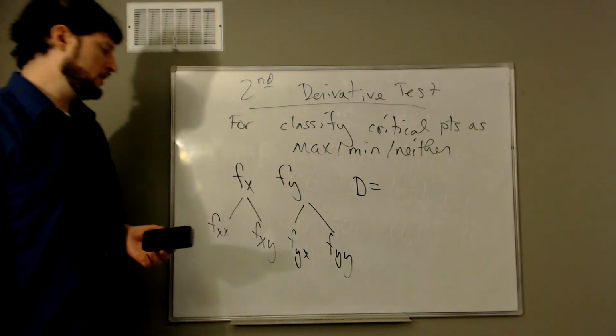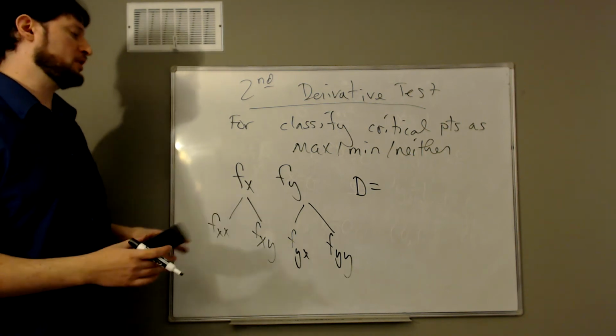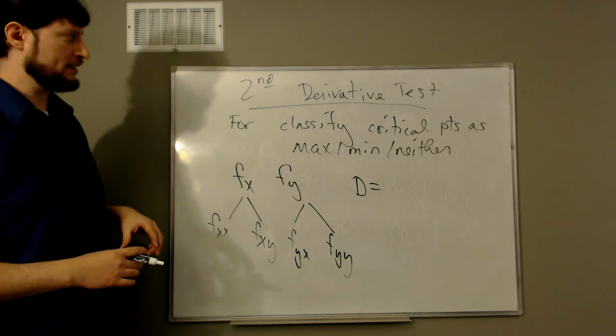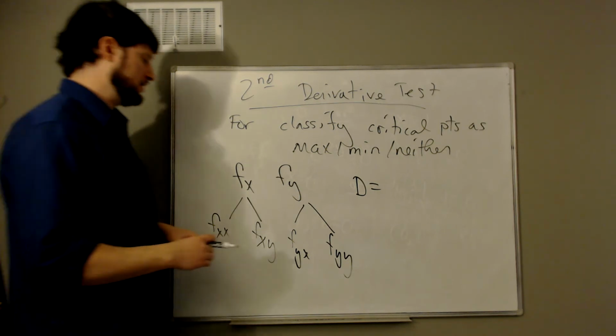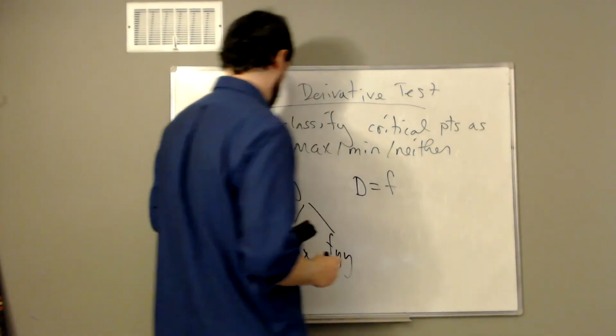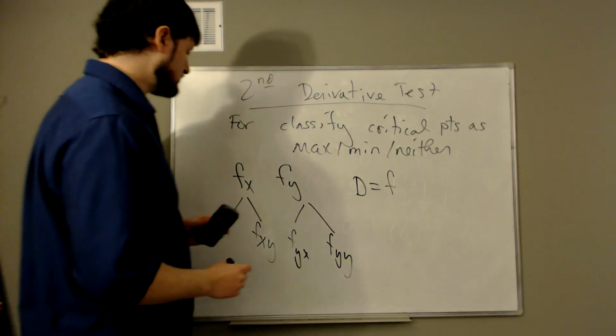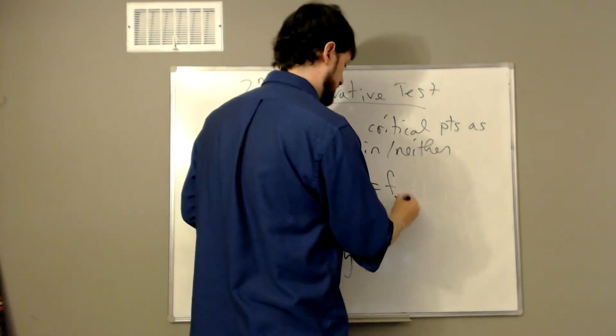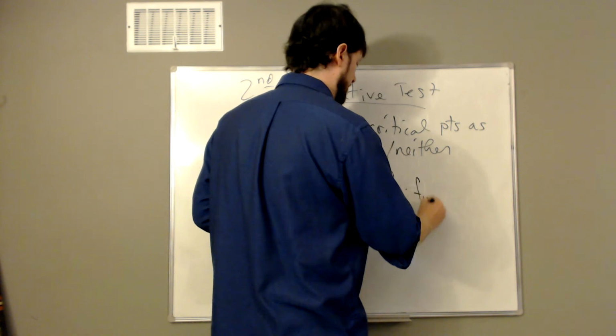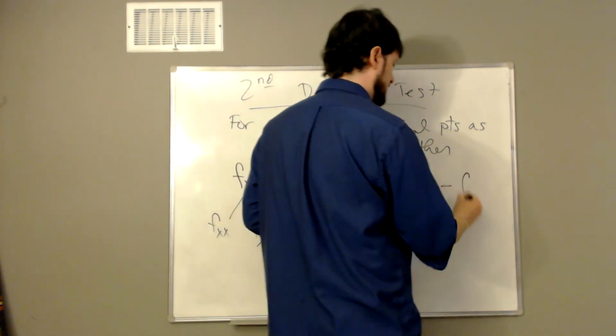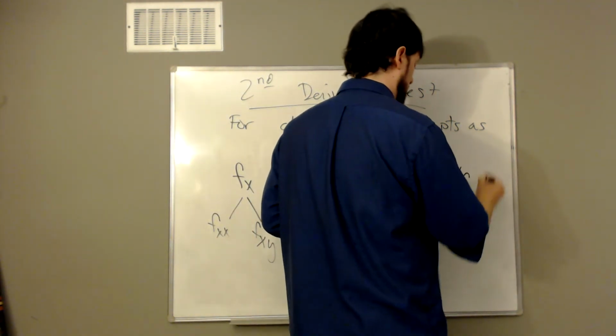D is something that we're going to use to classify these maxes or mins. And so here's how it works. It's going to be f sub xx times f sub yy minus f sub xy squared.